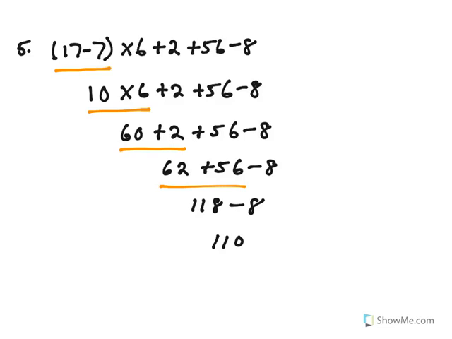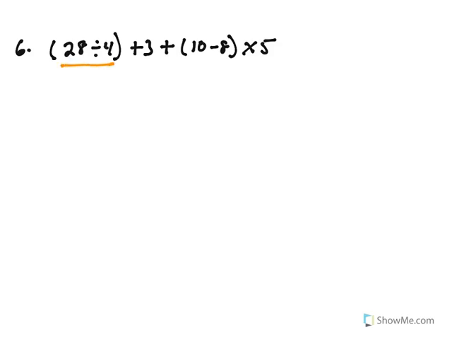I think we should do another one. (28 divided by 4) plus 3 plus (10 minus 8) times 5. Okay, so let's go ahead and do this. 28 divided by 4 is enclosed with parentheses, so I need to do that first. 28 divided by 4 is 7.